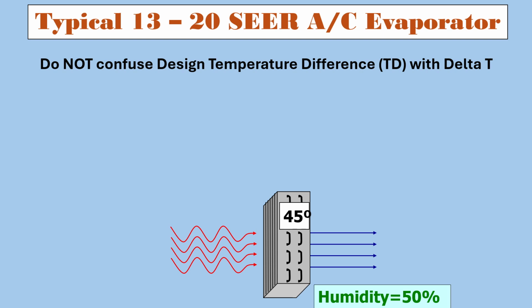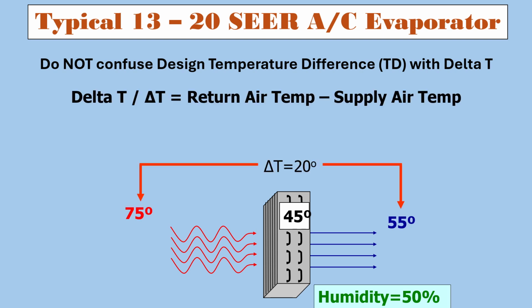Do not confuse design temperature difference with delta T. Delta T equals the return air temp minus the supply air temp. That's your delta T. The design temperature difference, obviously, is the difference between the return air and the coil temperature.